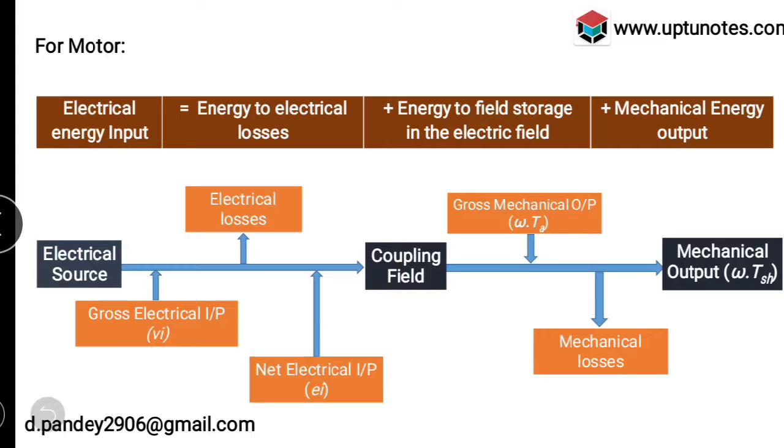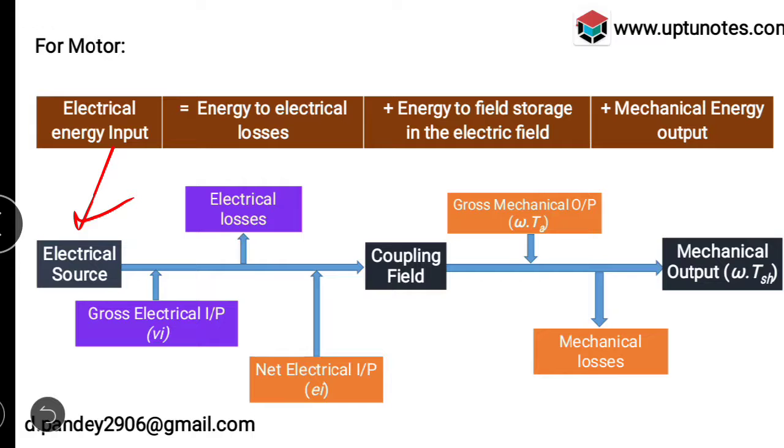The electrical source provides the electrical energy input, and the gross electrical input is V into I, where V is the voltage applied by the source. Then electrical losses occur in the windings; the I square R loss is the electrical loss.